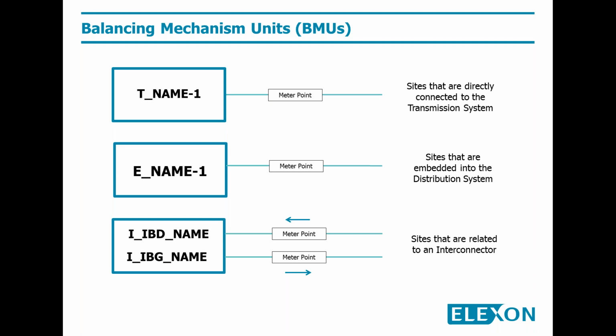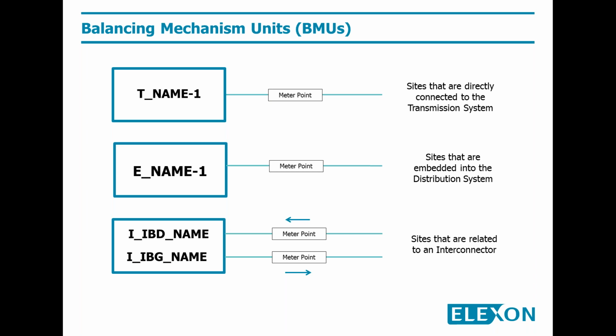So if a meter point and a BMU begins with a T, that's a site that's connected to the transmission system, so tends to be large generators. Then if it begins with an E, those are sites that are embedded into the distribution system, so embedded generation or smaller scale supply.